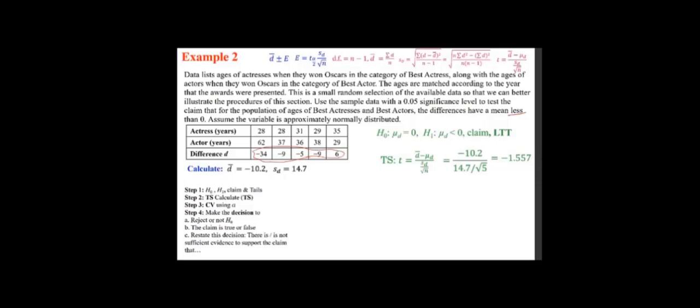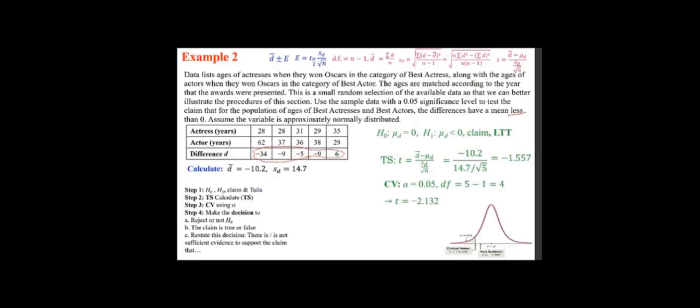Critical value, alpha is 0.05. Degrees of freedom is n minus 1. This is a very small sample, 1, 2, 3, 4, 5. So 5 minus 1. And we get the value of the t for the left tail test. So we do the drawing and we compare the two numbers. The test statistic is not in the rejection region. So you do not reject H0.